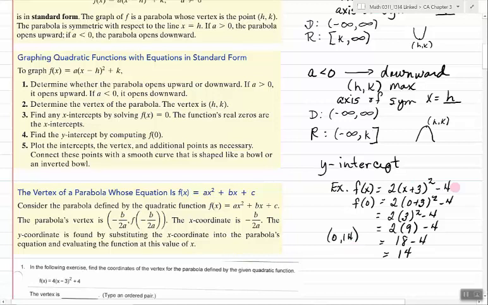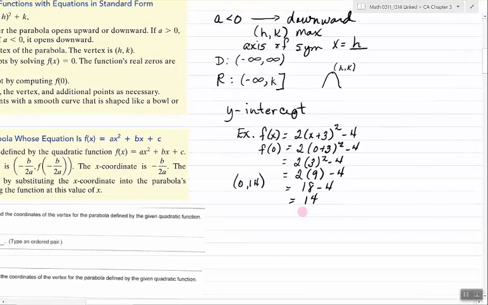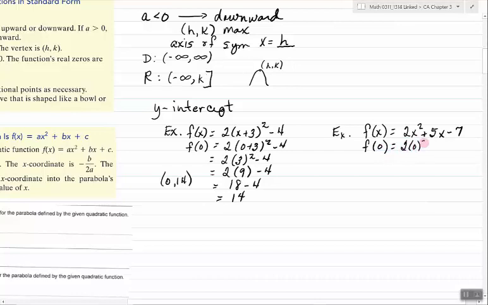This was standard form. If it happened to be in general form, if I had f of x is equal to 2x squared plus 5x minus 7, it's actually easier to find the y-intercept. f of 0 is equal to 2 times 0 squared plus 5 times 0 minus 7.